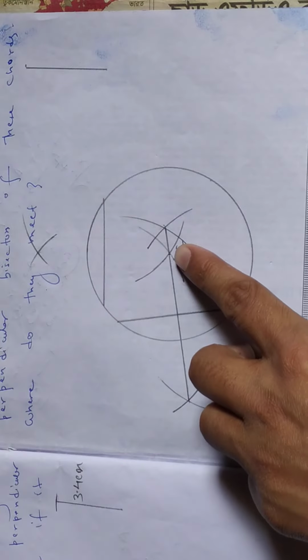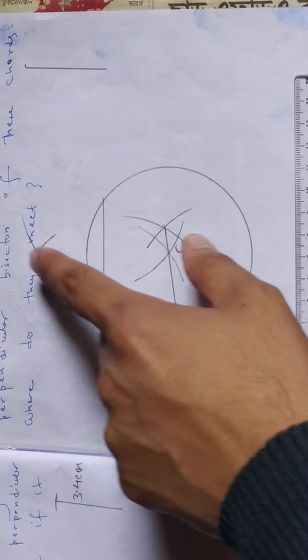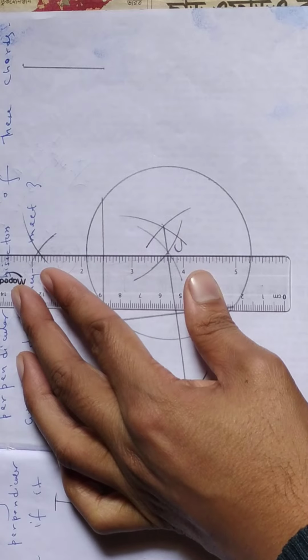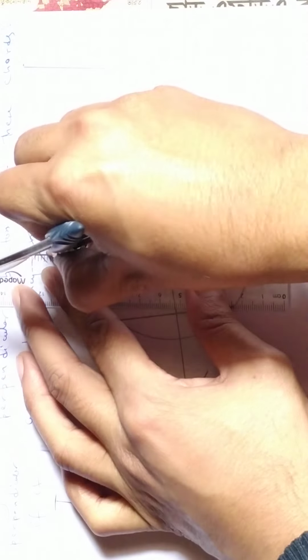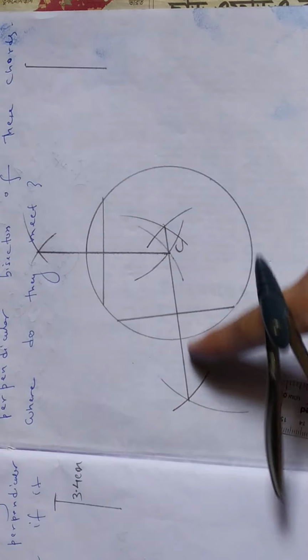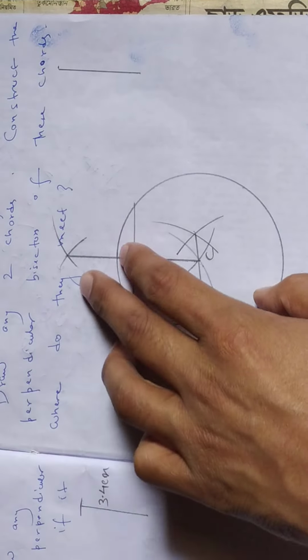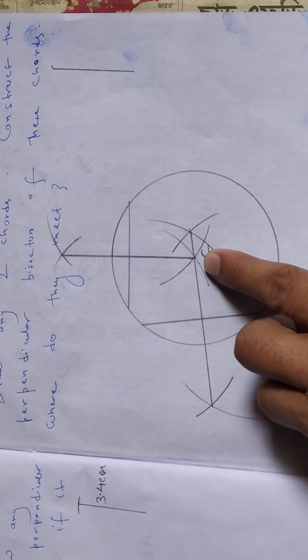So you can see this, obviously it is touching the center, these two arcs. So the line will pass through the center only. So both the lines are passing through the center. Now the question is, where do they meet? They are meeting at the center.